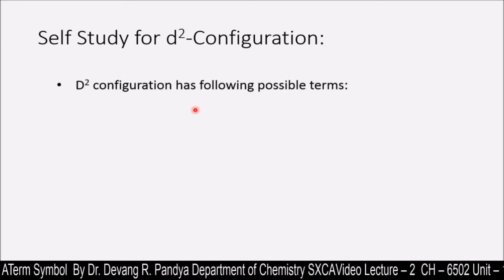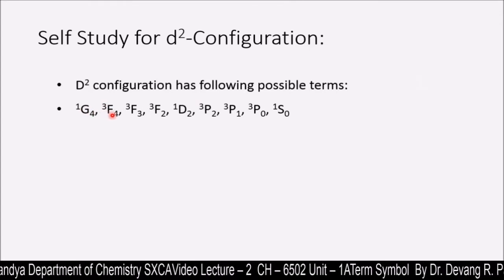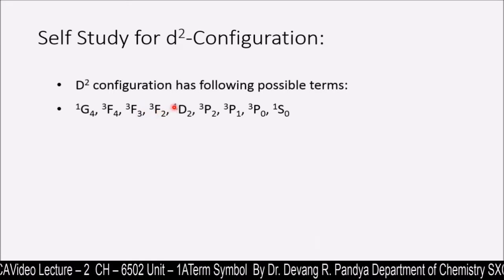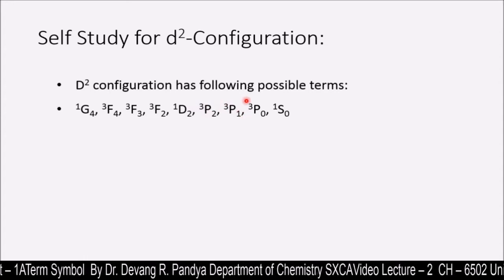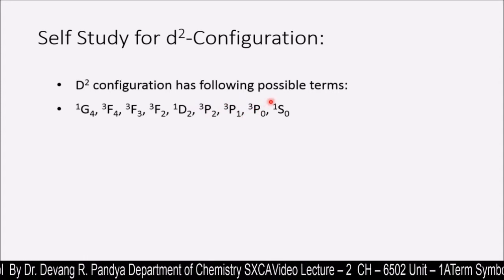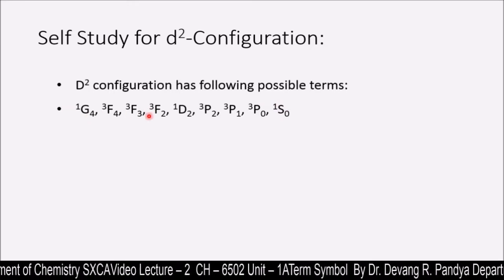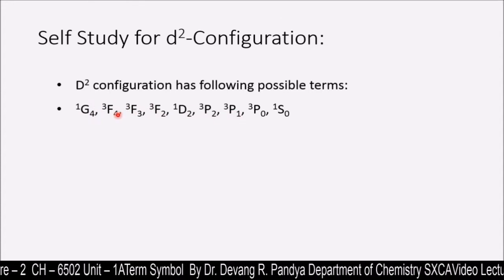Now here I am going to give you D2 configuration for self-study. As you know, for D2 configuration, we have the following possible terms: singlet G4, triplet F4, triplet F3, triplet F2, singlet D2, triplet P2, triplet P1, triplet P0 and singlet S0. Now use rules 1, 2 and 3 and arrange these in increasing order of energy using Hund's rule.